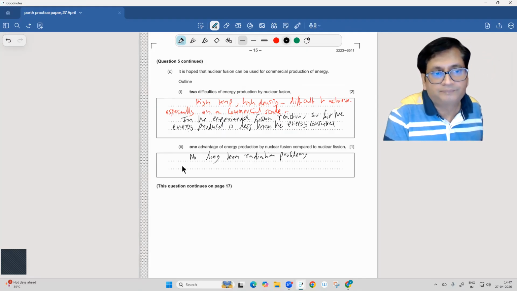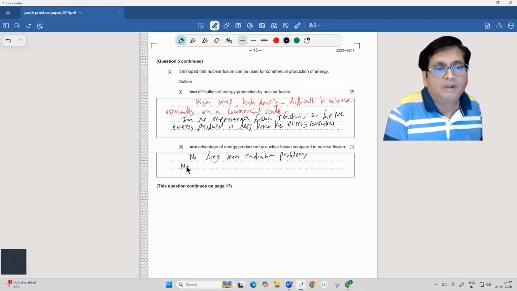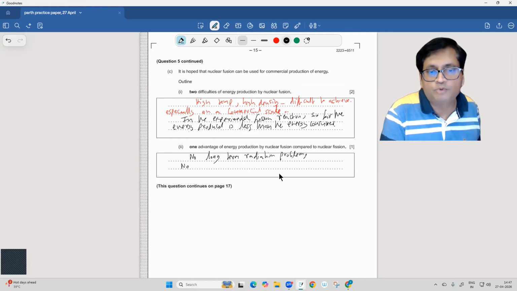But sir, why is there more radiation in fission? The waste, the daughter nuclei produced, are radioactive.